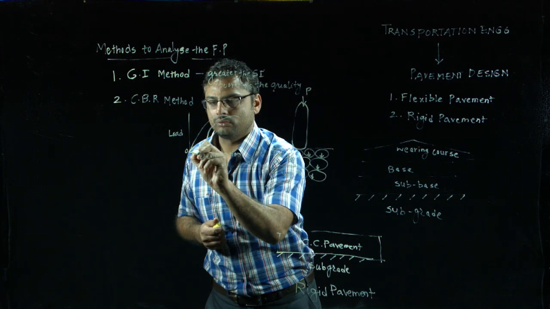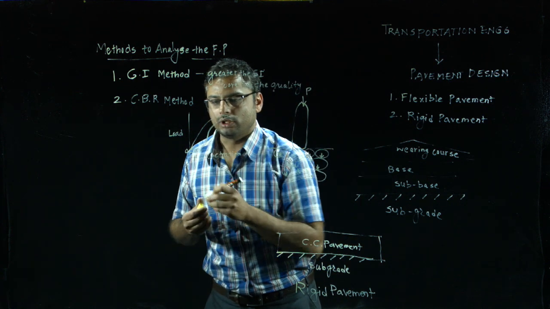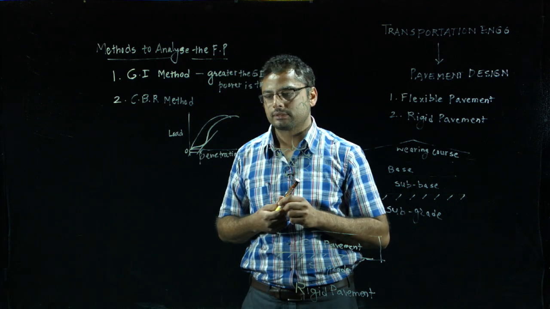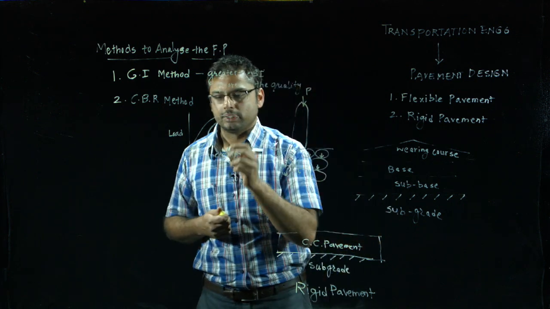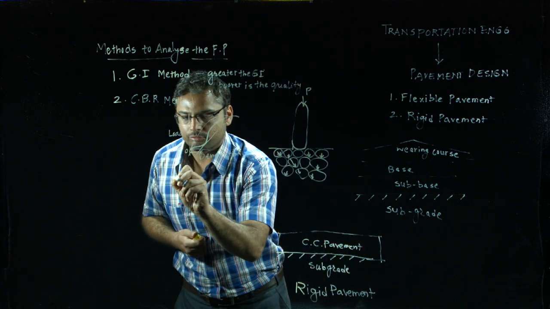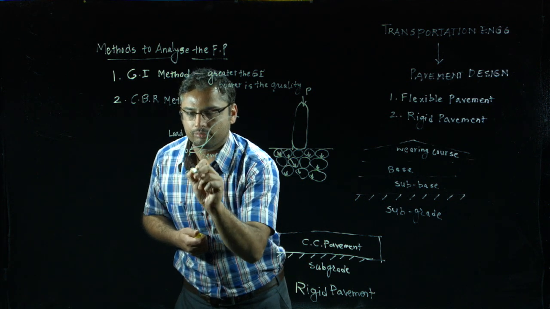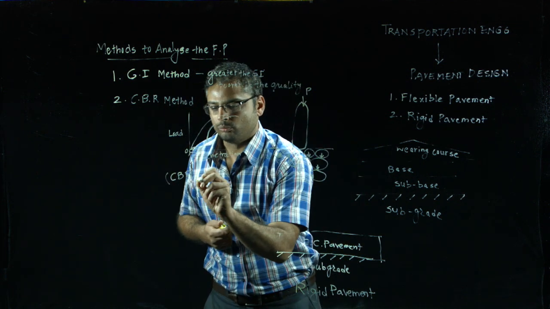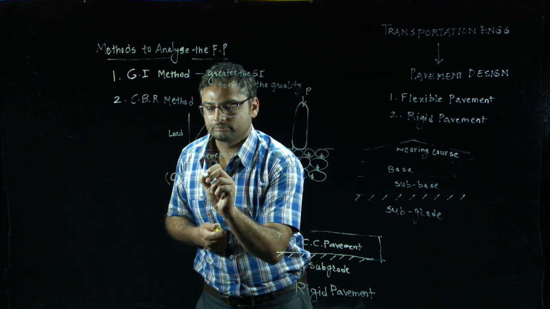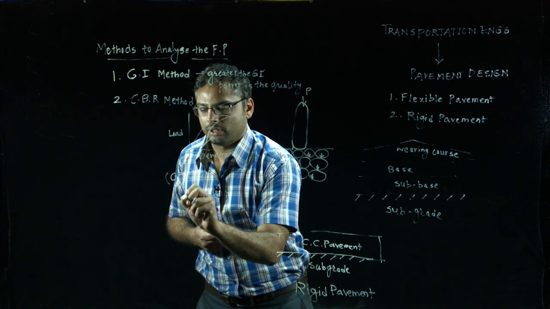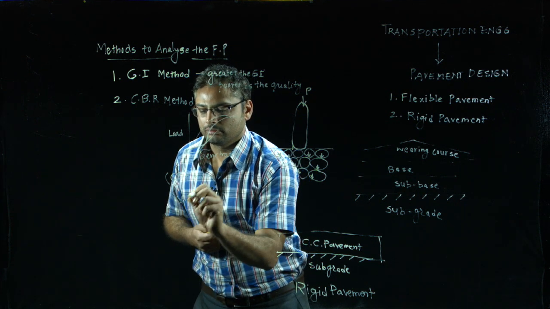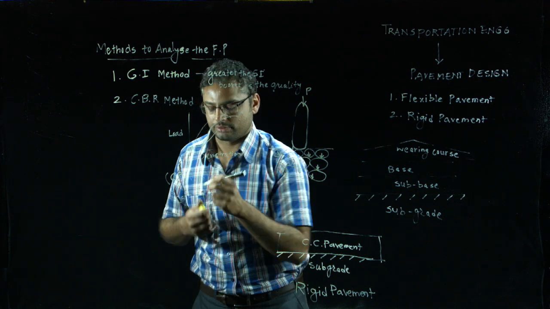the distance from the 0 to the point where the line cuts the x-axis. Basically, in the CBR formula, we calculate the California bearing ratio value at 2.5 mm penetration and the CBR value at 5 mm penetration.